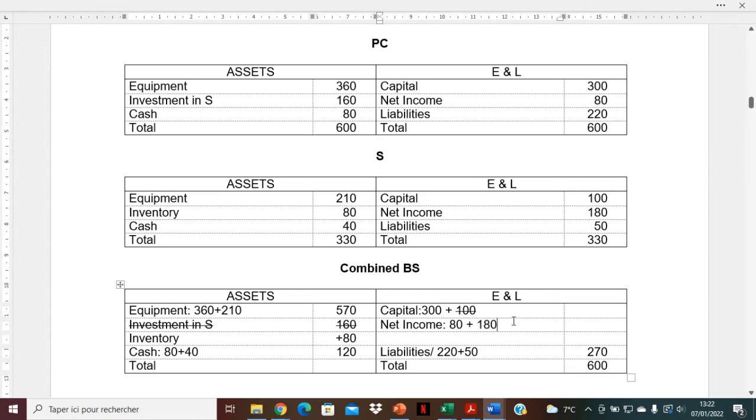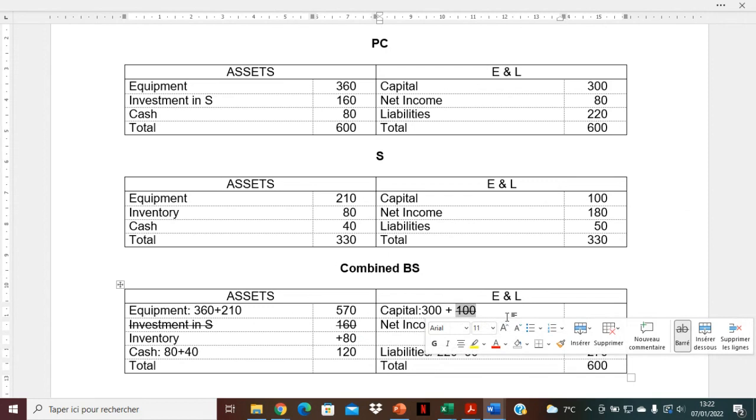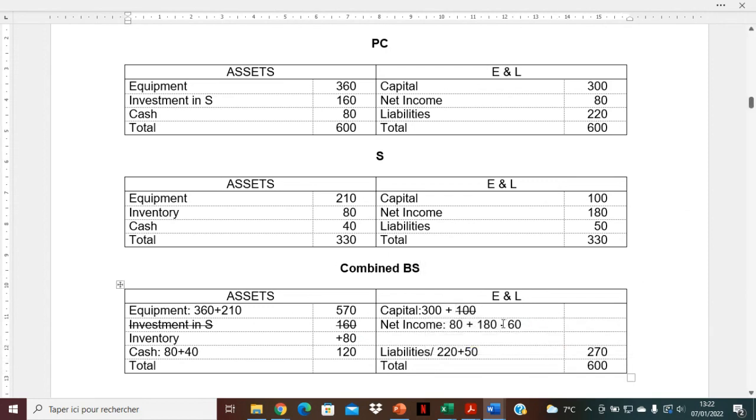That's why here from the 180, I eliminate only 60, the 60 that were there when I bought the company. That means I delete 160 on the asset side, and I delete 100 in capital. I delete 100 in profit, which is also 160. That means I have deleted 160 on the asset side, 160 on the liability side, and we are done.